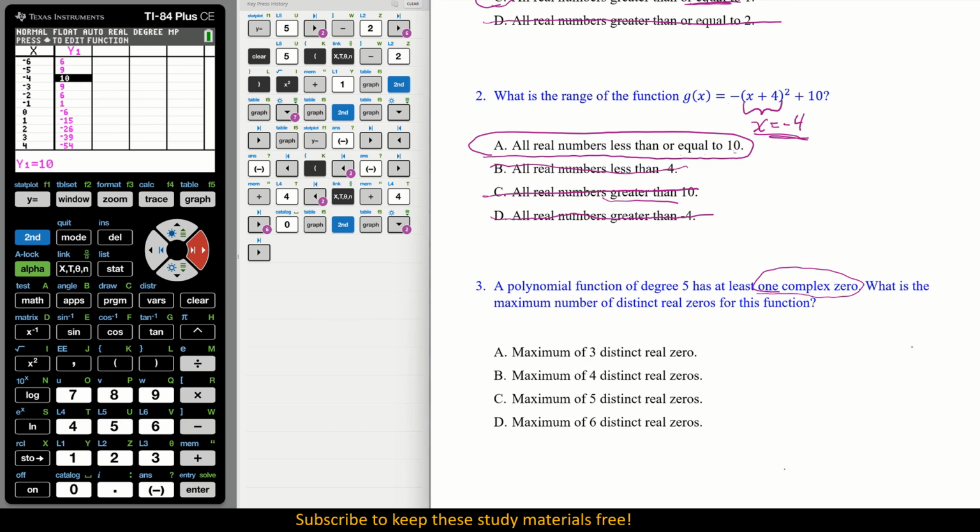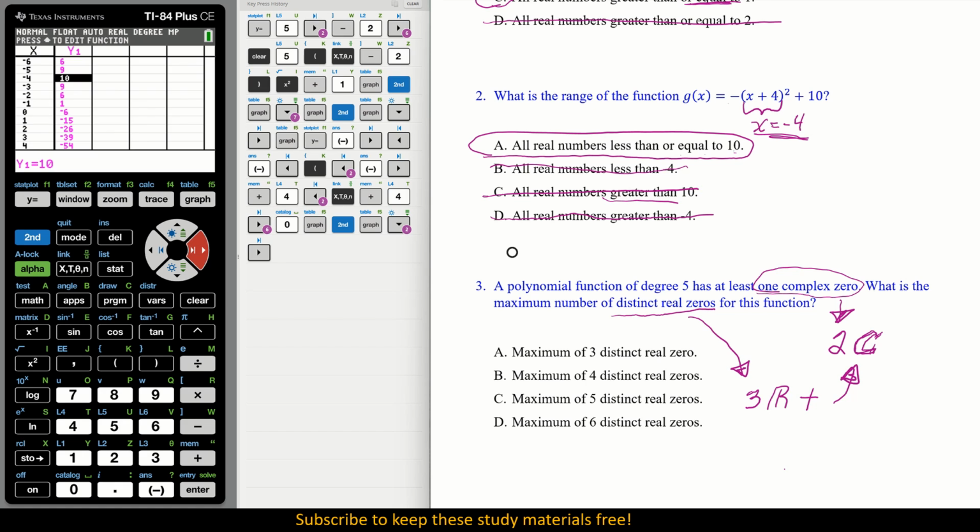So if you have 1, this means you have 2. So we have to have 2 complex values. It says we have a total of 5, so we have to have 3 out of the reals plus 2 complex, and that will give us our 5. So reals, that would be called the real distinct.